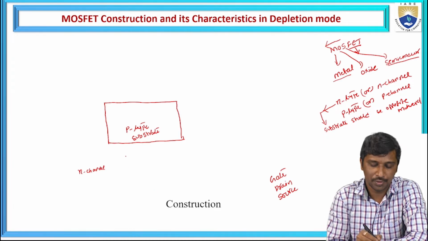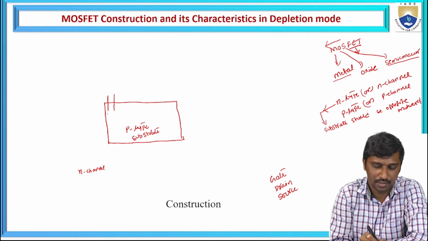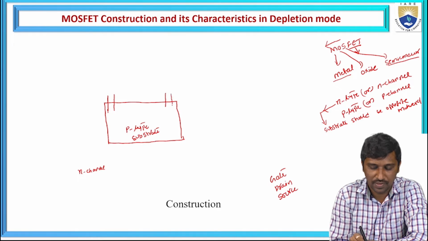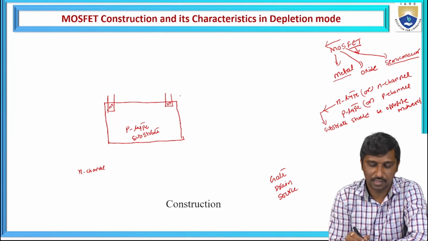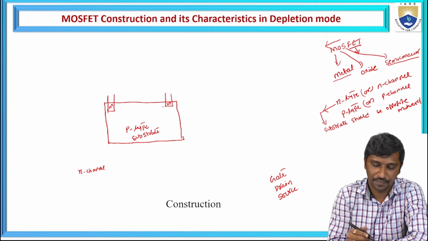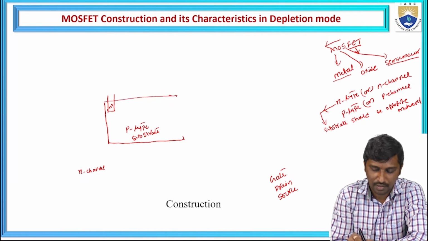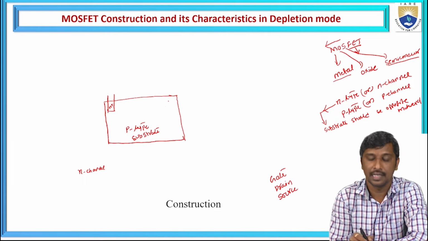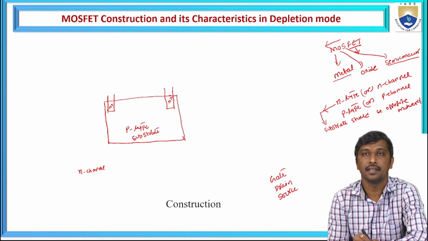Hence, we need to diffuse a heavily doped N-type material at the top of these corners, represented as N plus, where N plus indicates that the doping levels are very high compared with a normal extrinsic semiconductor.